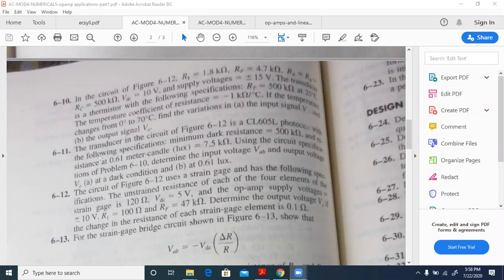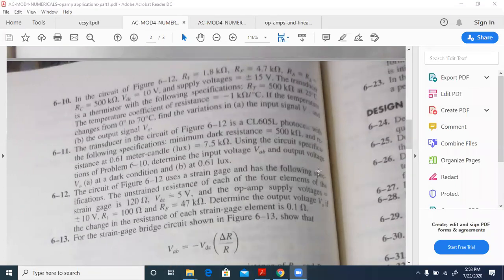So using the circuit specifications of problem 6.10, determine the input voltage VAB and the output voltage V0 at dark condition and at 0.61 lux. Okay, at dark condition as well as 0.61 lux.